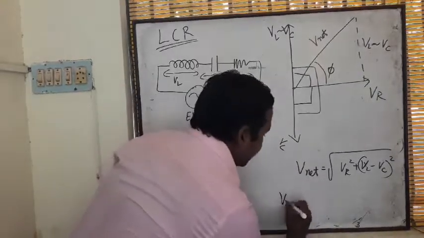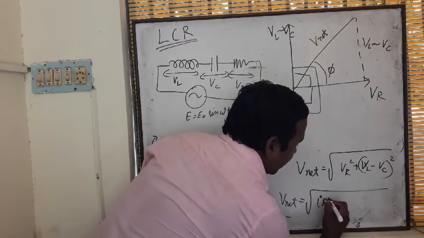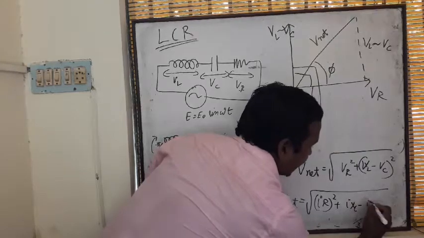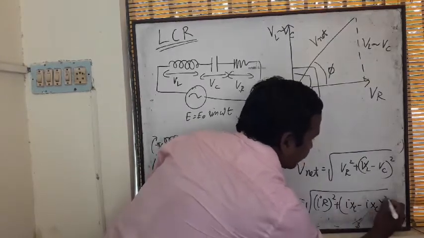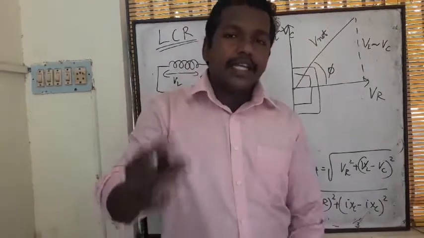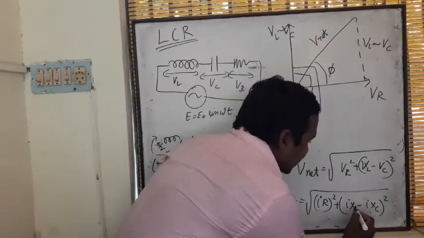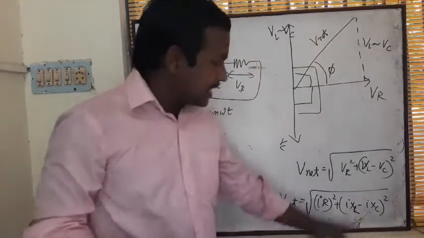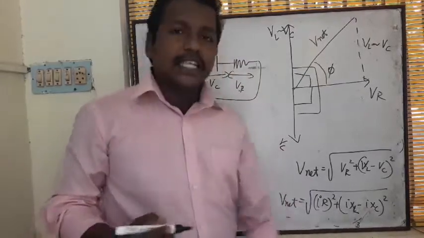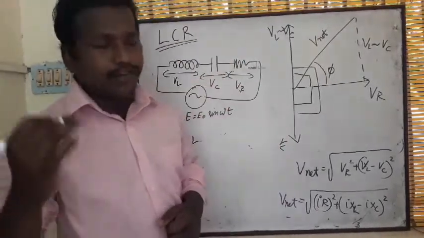So V net is equal to root of IR whole square plus IXL minus IXC whole square, since VL is IXL and VC is IXC. XL is the inductive reactance and XC is the capacitive reactance. That means XL is the resistance of the inductance and XC is the resistance of the capacitance.